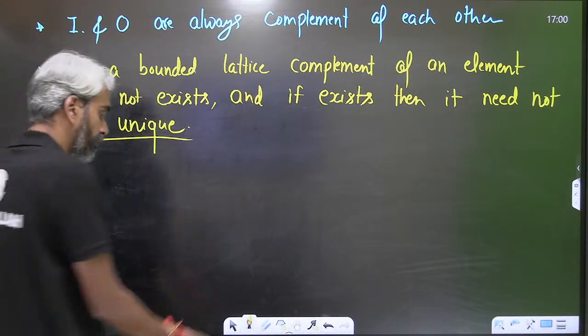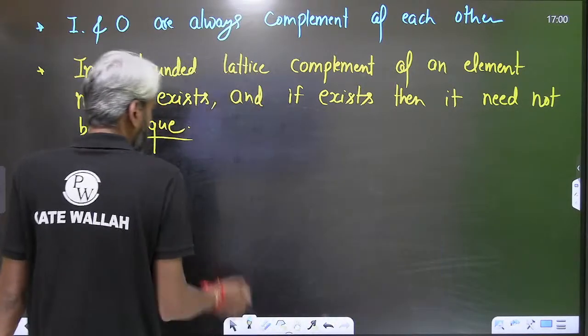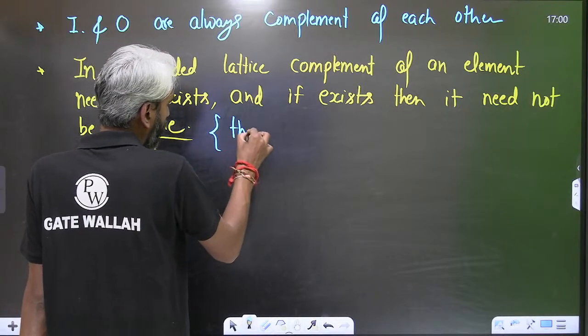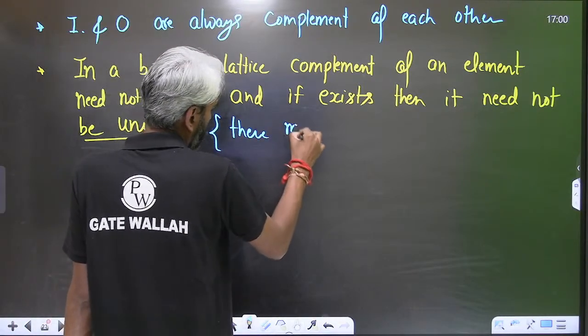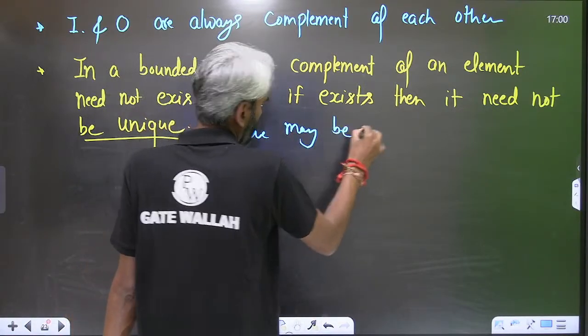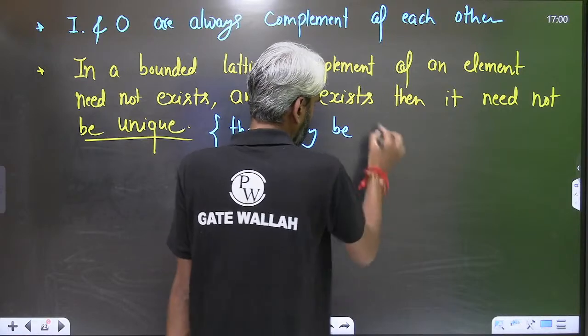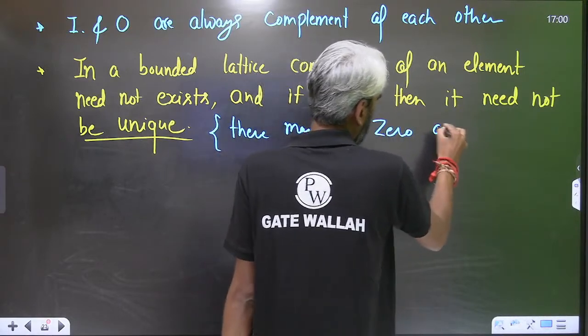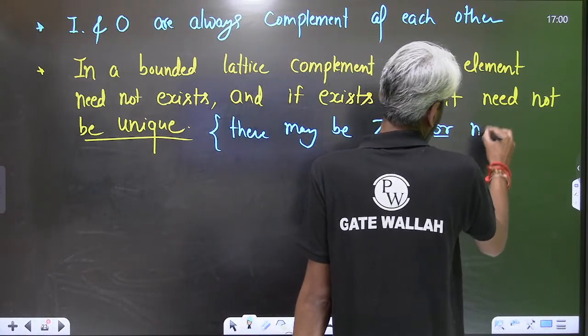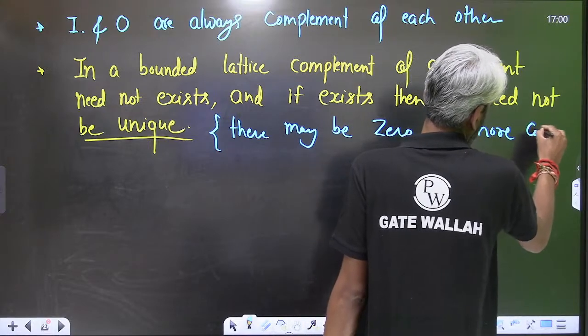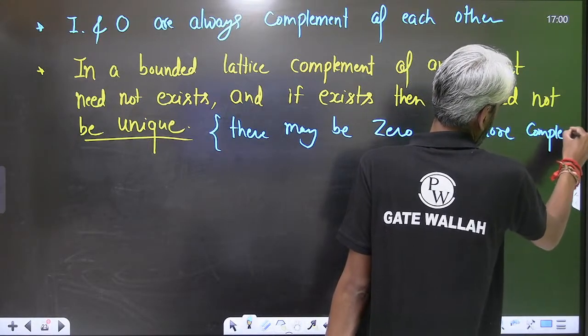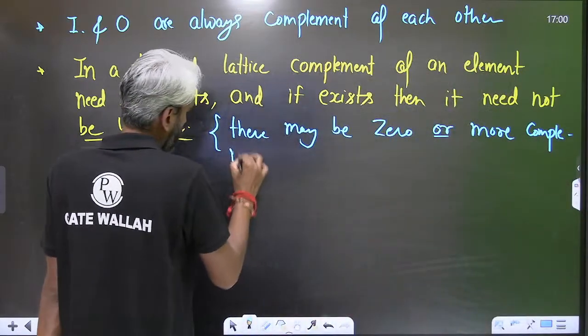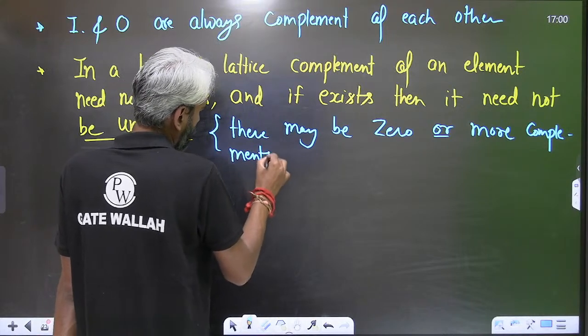So there may be zero or more complements of an element.